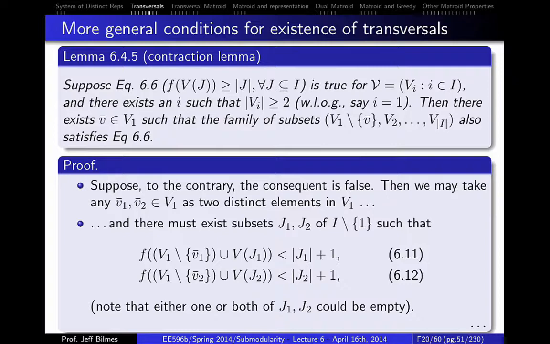When we've removed that element from V1, we get an inequality in the other direction, namely that the left-hand side is less than the right-hand side. And also when we remove V2 from V1, we get the same thing, except for J2. We're not necessarily saying that the J's have to be non-empty, but that doesn't matter. The J's might or might not be empty.